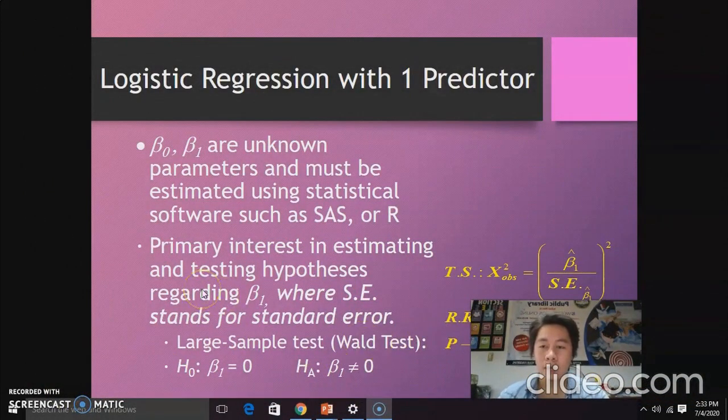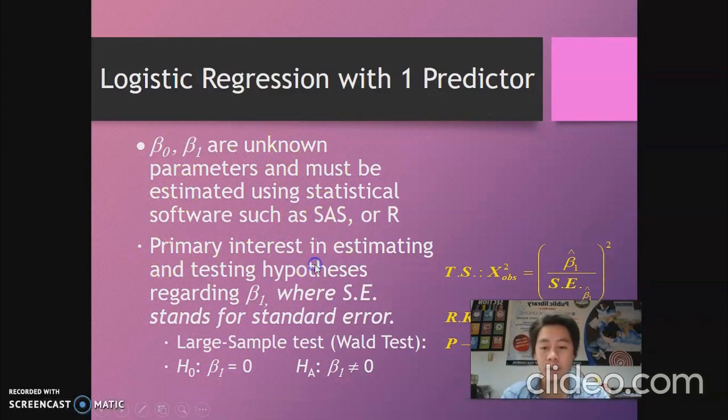So we talk about logistic regression with one predictor. Coefficient 0 and coefficient 1 are unknown parameters and must be estimated using statistical software such as Statistical Analysis System or R. R is an open source system used in statistical data.